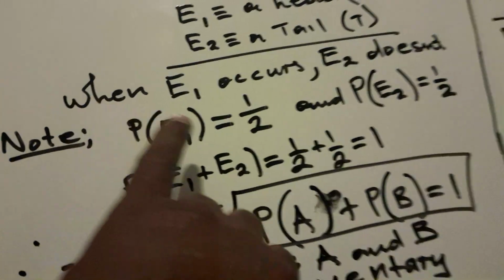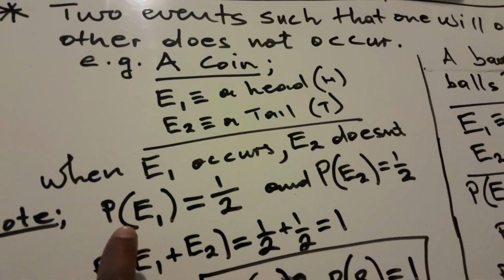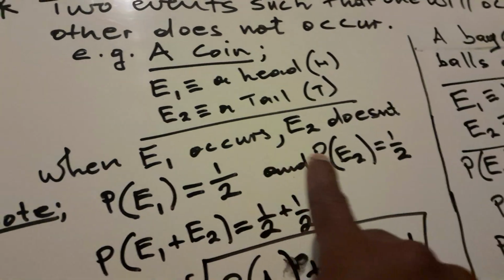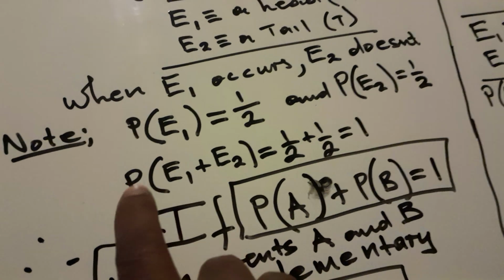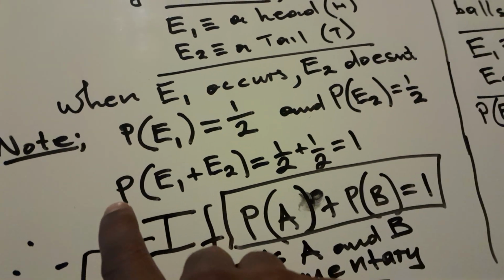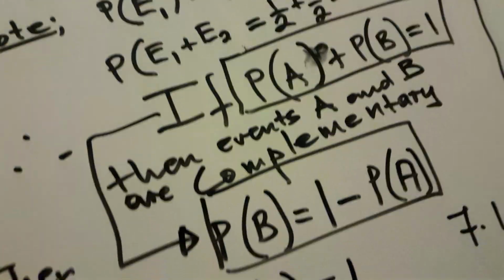The probability from the situation of a coin, we know that for a head, it's half, and for a tail is half. Take note of what happens when I add them. When I add the probabilities of these two events, let me write it properly here.